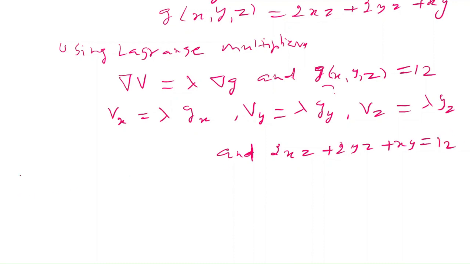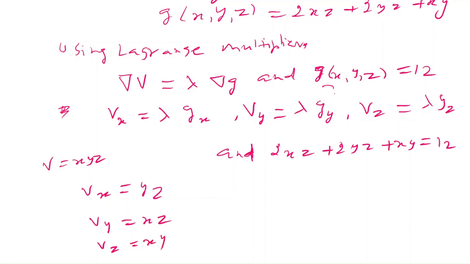Now what is vx? So v is xyz. So vx is equal to yz, vy is equal to xz, and vz is equal to xy.